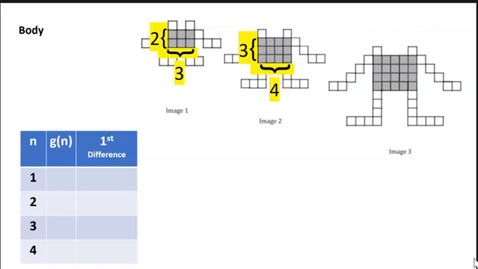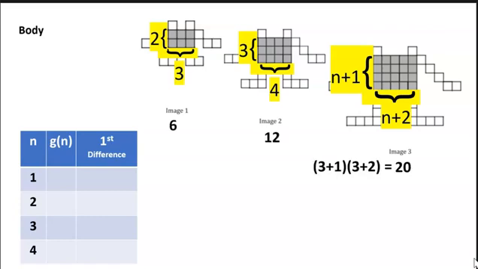I can see that the height of the figure is 1 more than the image number, and the width is 2 more than the image number. Multiplying the dimensions of the rectangle tells me how many shaded squares are in each image. This means that the equation that relates the image number and the number of shaded squares is g of n equals the quantity n plus 1 times the quantity n plus 2.